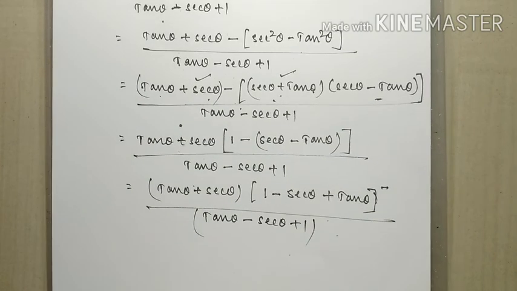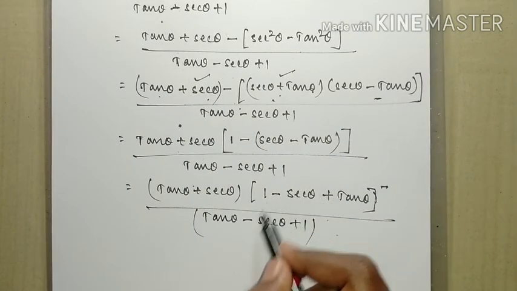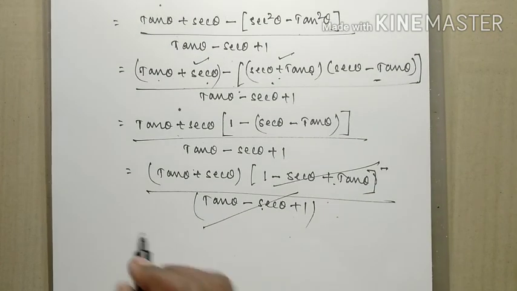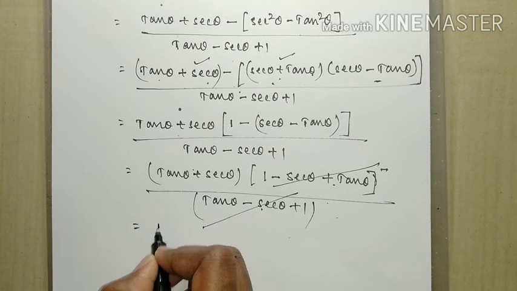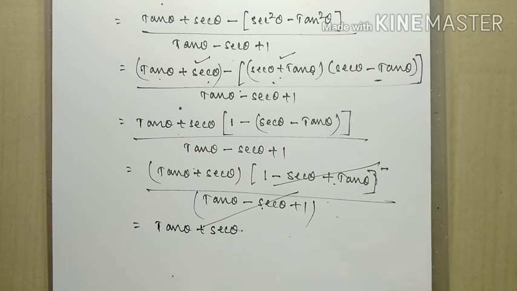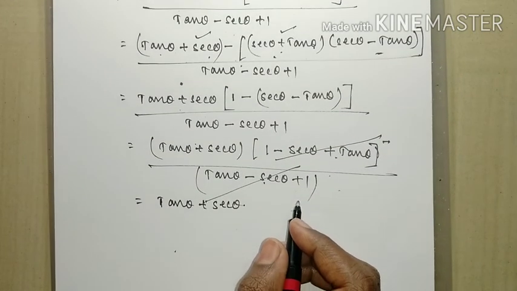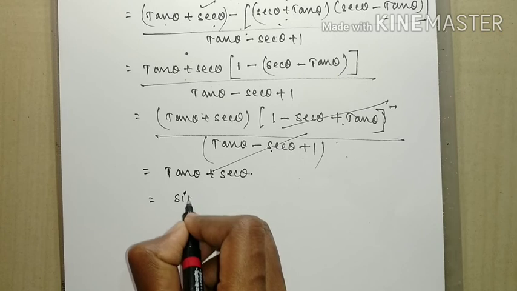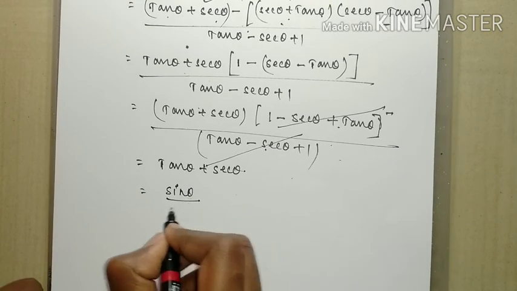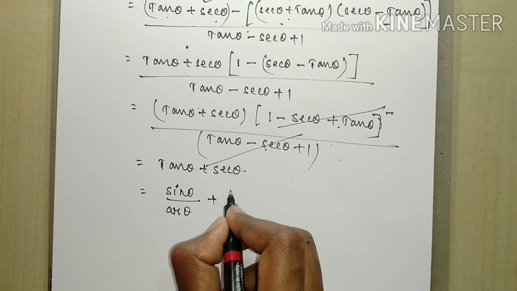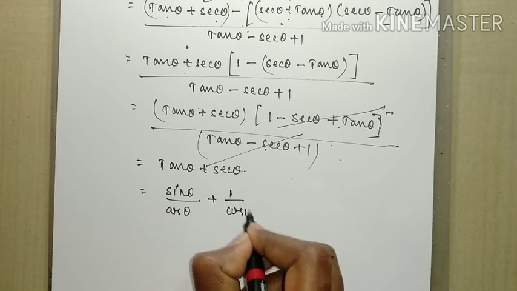So see, now here 1 minus secant theta plus tan theta will get cancelled with the denominator. So remaining is tan theta plus secant theta. So now tan theta is nothing but sin theta by cos theta plus secant theta, which is the reciprocal of cos theta.